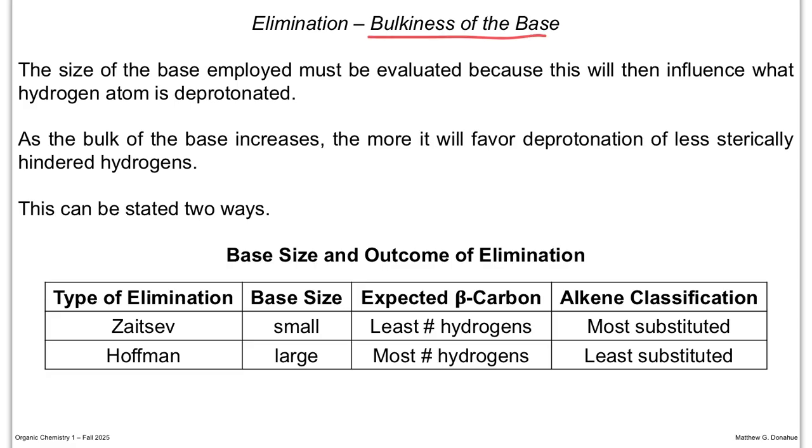So the bulkiness of that base needs to be matched with the type of beta hydrogen you're abstracting. And so that's classified in 2 ways, Zaitsev and Hoffman.